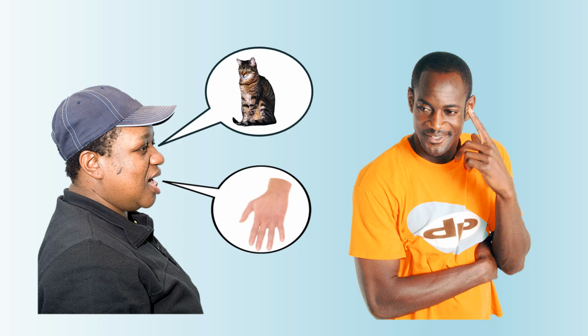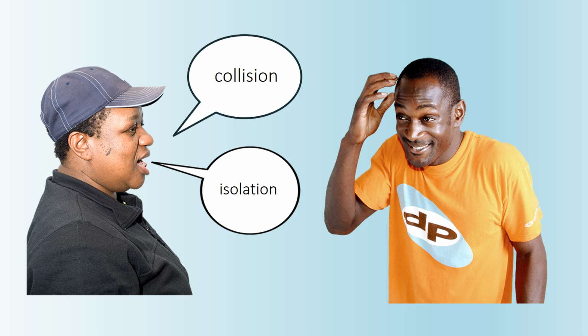From assessment, we can find out what spoken language people can understand. We can assess from simple words such as hand and cat, all the way to more complicated words like isolation and collision. We also find out what types of grammar might be easy or difficult for someone to understand.